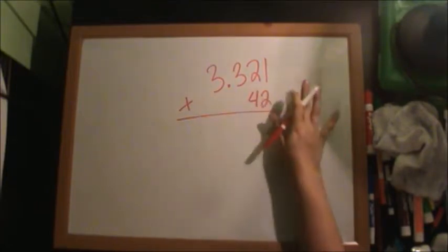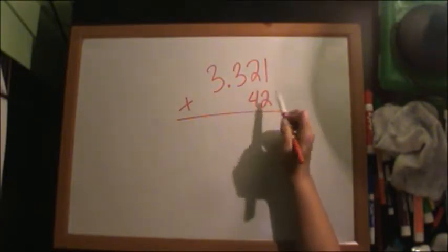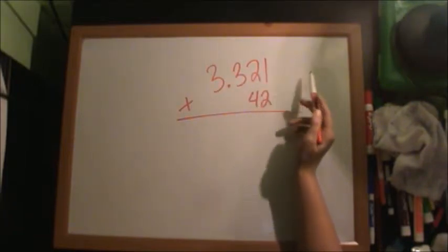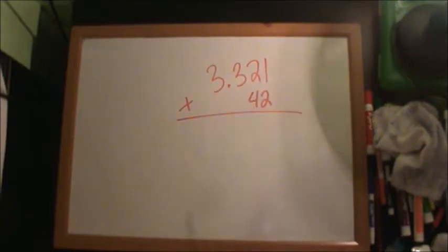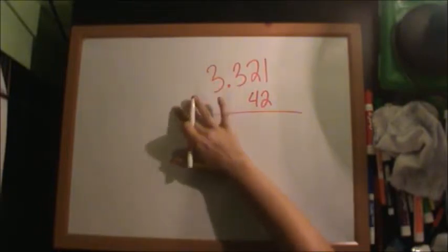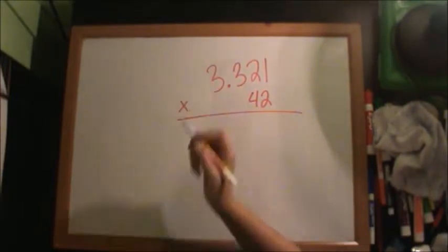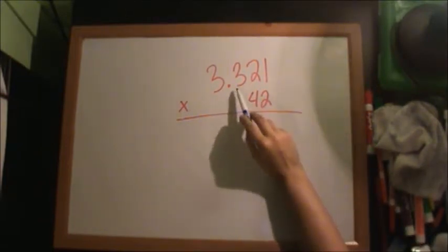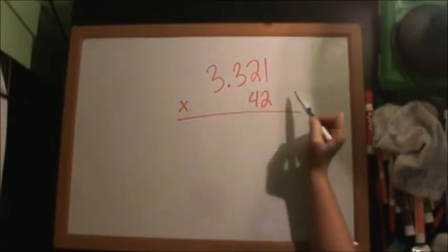These are very different numbers. This one has a tens place, and this one has many decimal places that this one doesn't have. I'm going to multiply these out, and we're going to see if it still works by counting up the decimals.